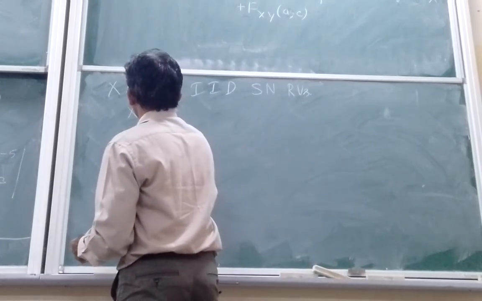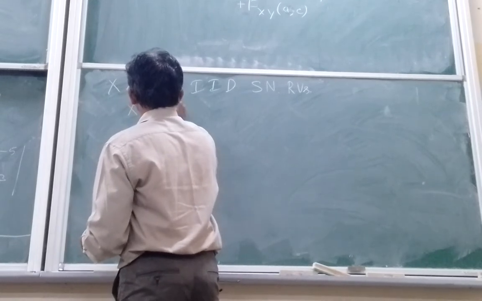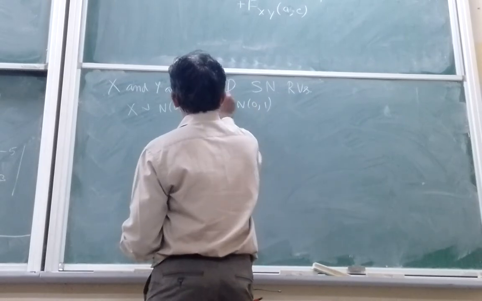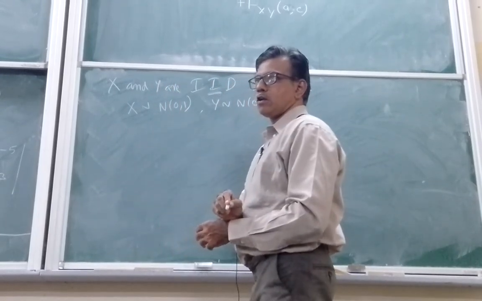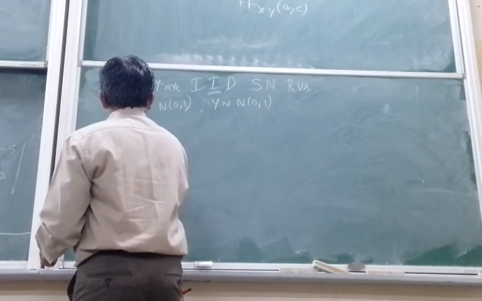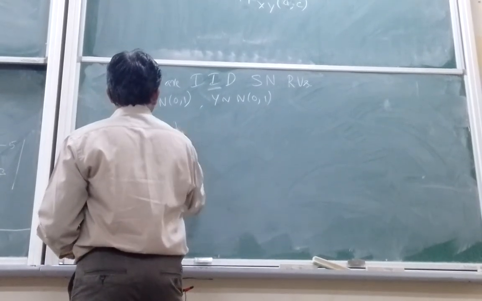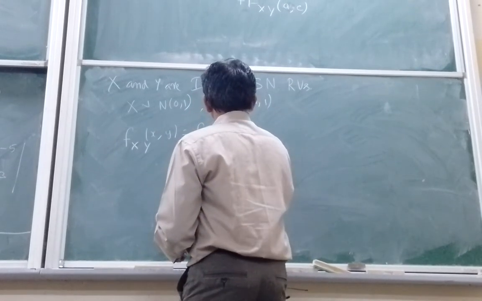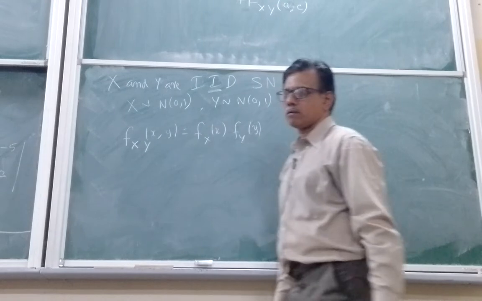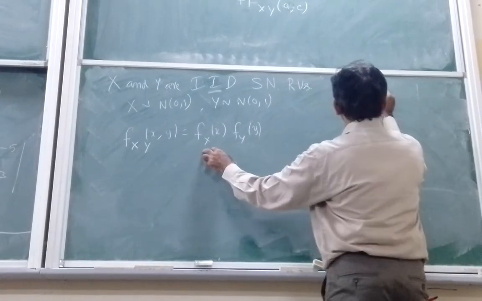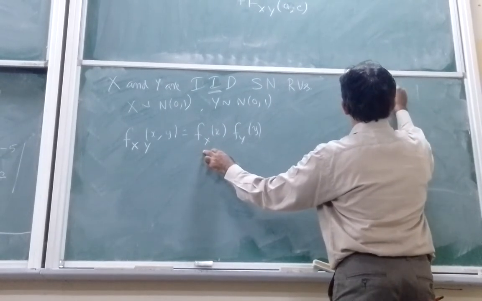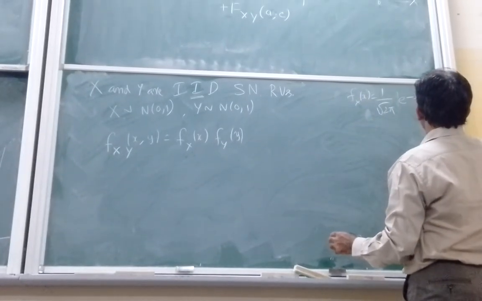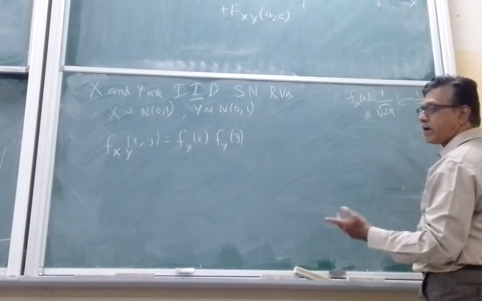X is N of 0, 1, y is N of 0, 1, and also they are independent. So you can directly write f x y of x comma y as f x of x into f y of y, because they are independent. For each one you know the distribution: f x of x is equal to 1 over root of 2 pi into e power minus half into x minus 0 the whole square by 1 square, which is x square.